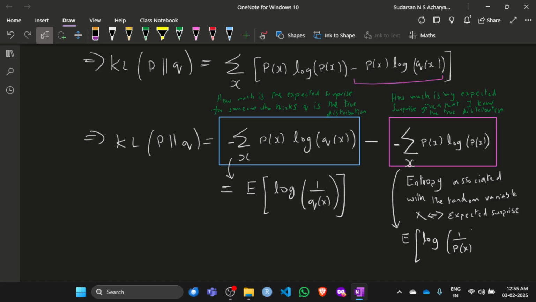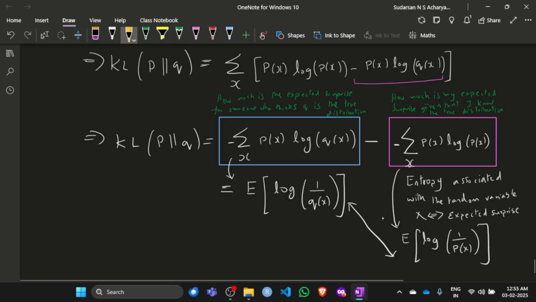So what is the difference between our surprises? The difference between the surprises of someone who thinks Q is the original distribution and someone who knows that P is the original distribution.